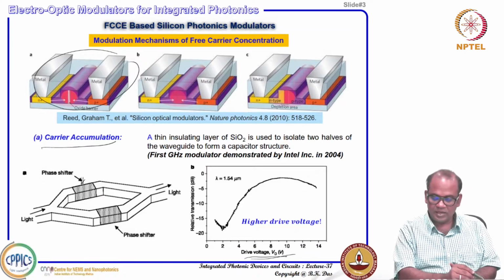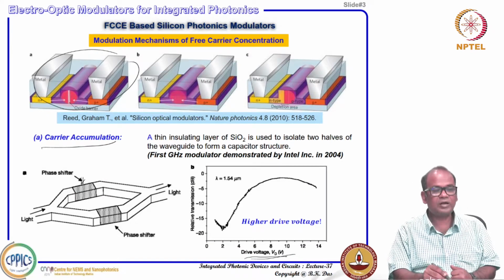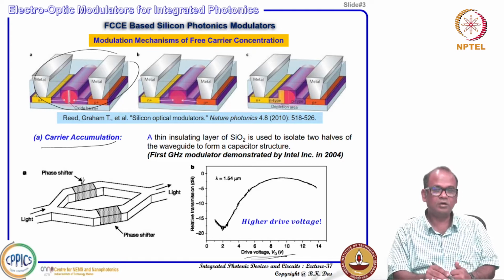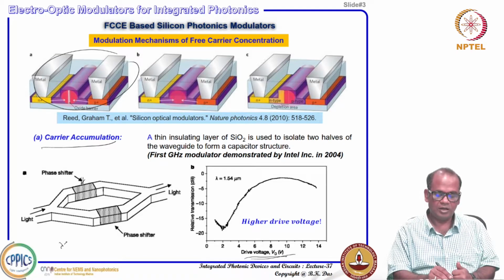So I can say that the refractive index change is proportional to the voltage, and the phase change also will be proportional to the voltage when lambda is fixed, lambda is constant.